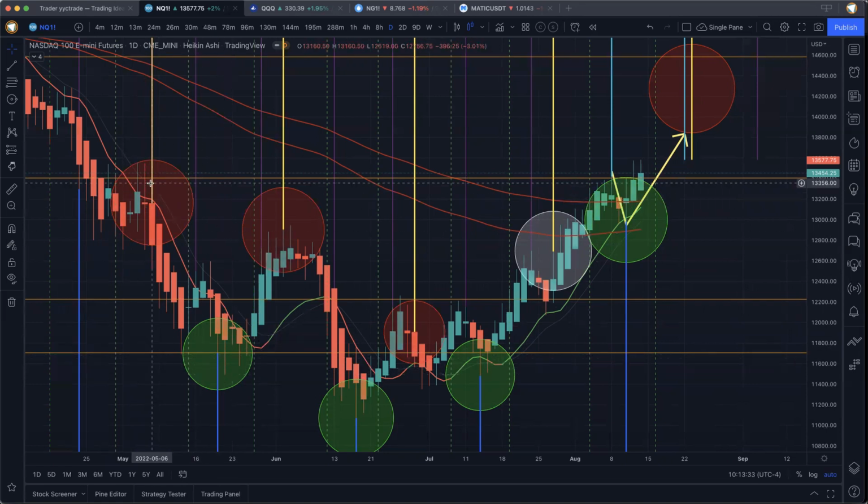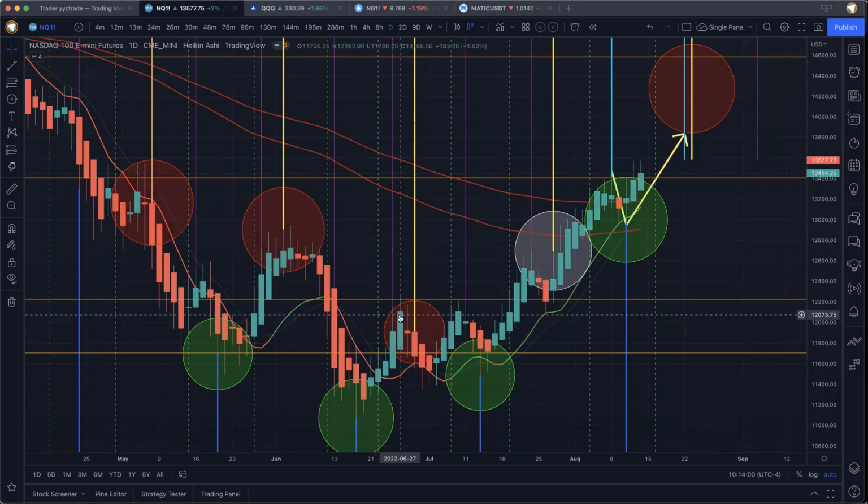So going back all the way to May, as the big flush down was in full swing: yellow Gann wave top, blue Gann wave bottom, yellow Gann wave top, blue Gann wave bottom, and now we start to get into a bit of a bottoming pattern here as the yellow Gann wave top comes in.